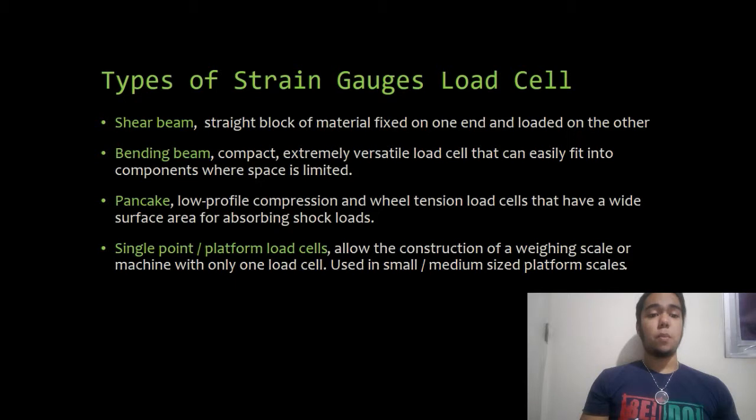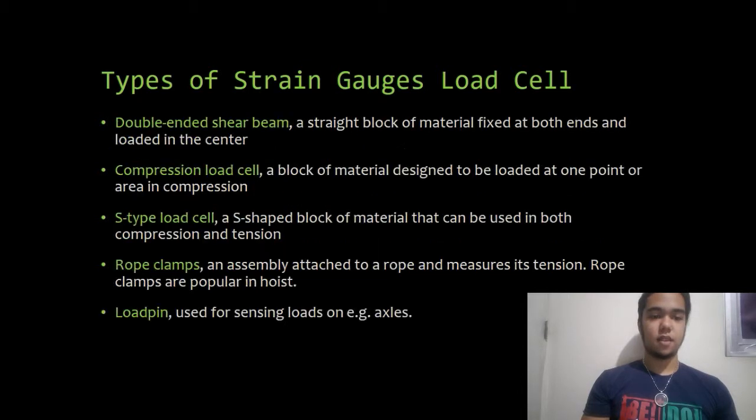Single point or platform load cells. They allow the construction of a weighing scale or machine with only one load cell. It is used in small-sized or medium-sized platform scales. A double-ended shear beam. A straight block of material fixed at both ends and loaded at the center. Compression load cell.